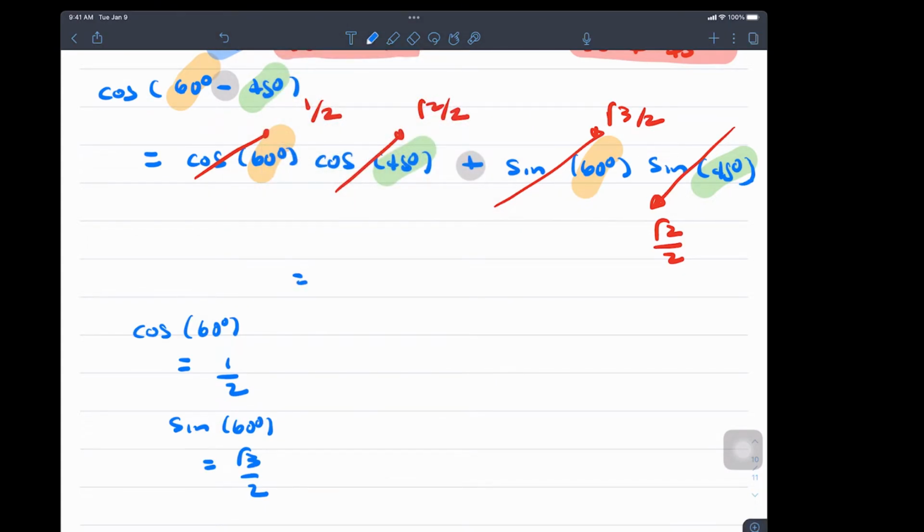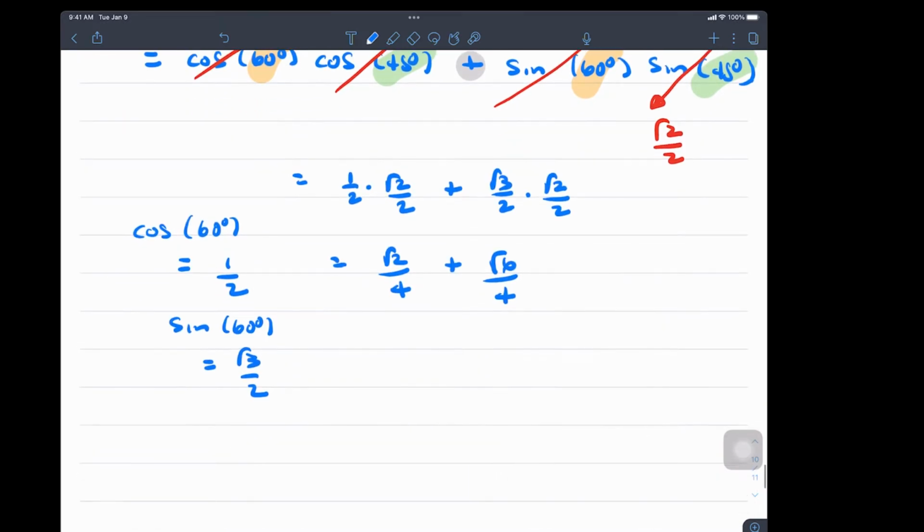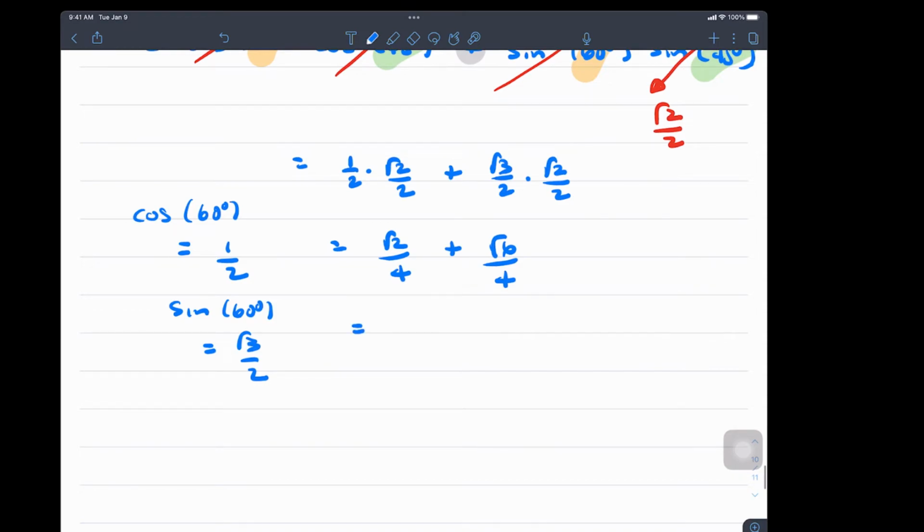So we get 1/2 times the square root of 2 over 2 plus the square root of 3 over 2 times the square root of 2 over 2. Square root of 2 over 4 plus square root of 6 over 4. Is that right? And sometimes they just distribute these answers. Like, they'll just write it this way.